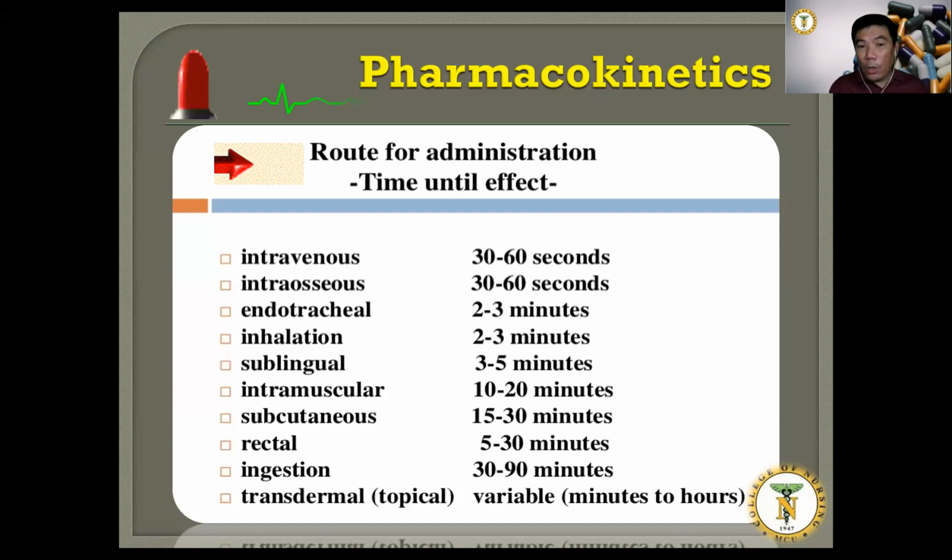And considering the oral route, or ingestion, it will take 30 to 90 minutes, almost half an hour to 1.5 hours, for the drug to take its effect. It may reach the maximum concentration, but over a long period of effect. That's why we consider some oral drugs as maintenance or supportive drugs, because the effect of this drug is longer.